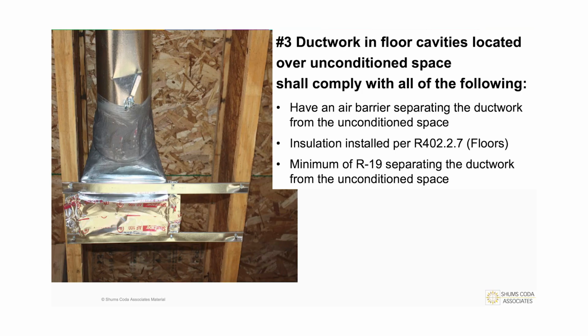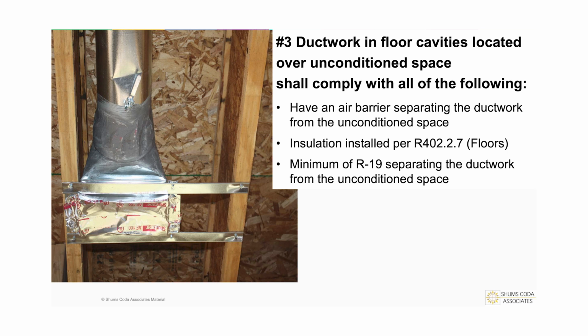All right, here's our third option. Because we may not have everything inside the thermal envelope, we also may not have everything inside the attic because we have these things called garages. So often we have ductwork that's going to be in a floor cavity.